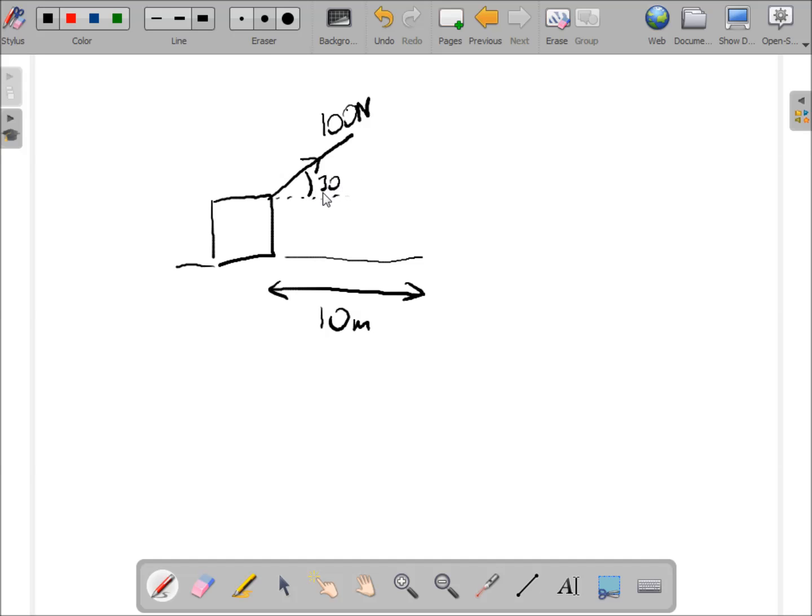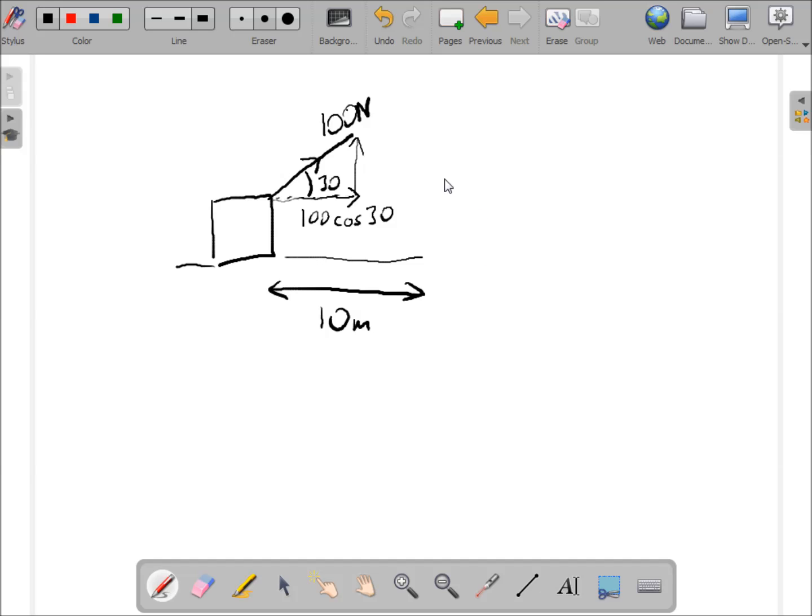So if we want to find the component of force in this direction, well, we use our vector sum. We're splitting that vector into two vectors, and this vector here would be the force, 100, times the cosine of 30.